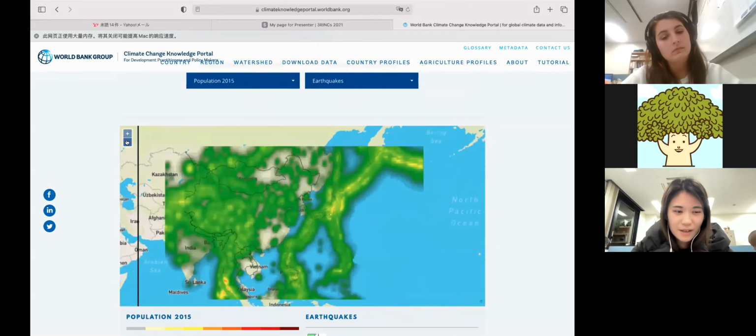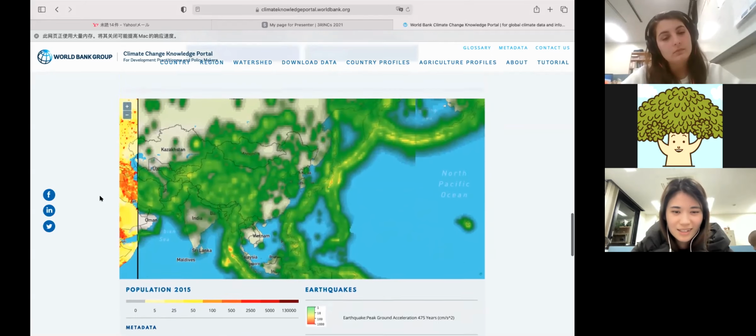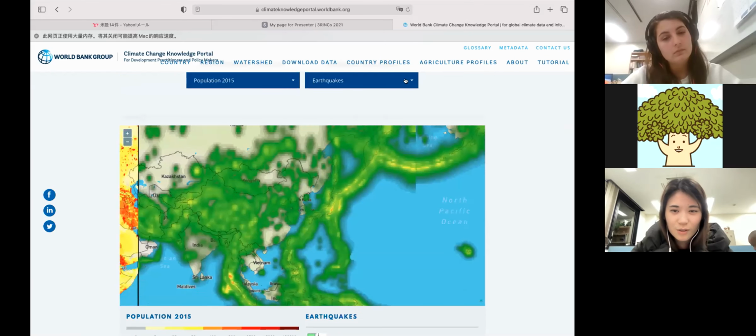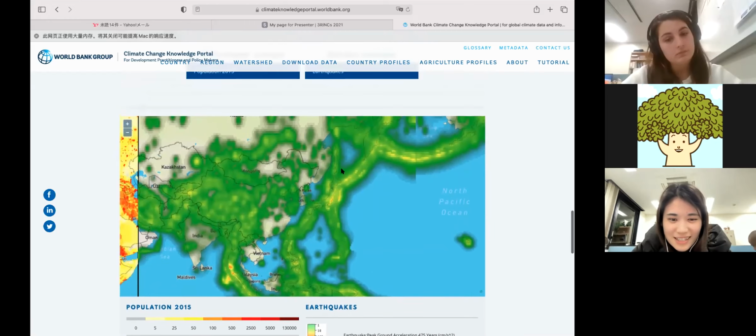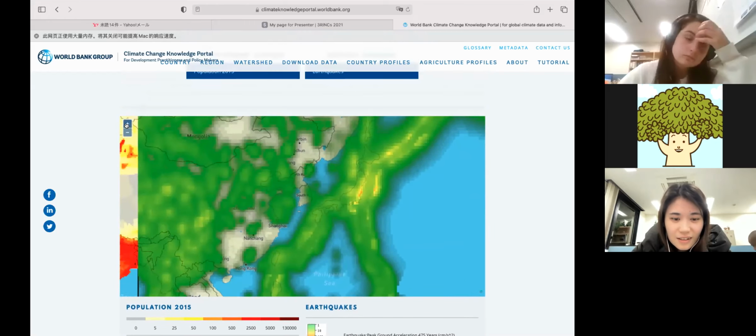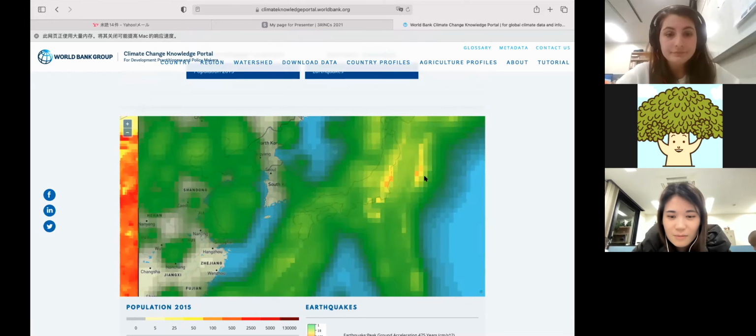Compared to Japan, earthquake risk is higher, it's the yellow part, yes. And so Shandong, maybe this is Kyoto University being here.